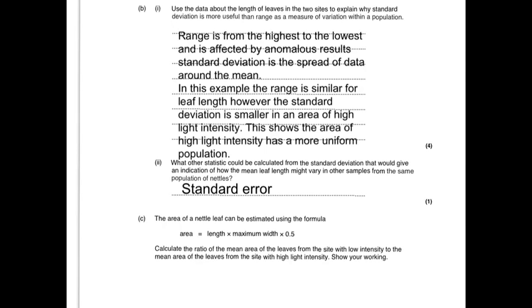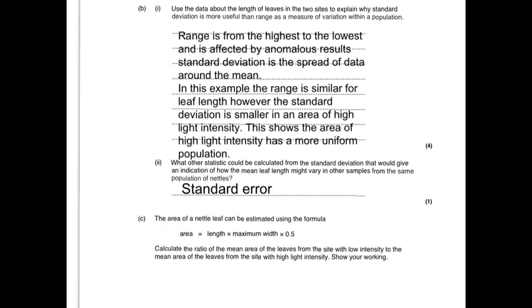The next question is informing you the area of a nettle leaf can be estimated using the formula area equals length times maximum width times 0.5. Calculate the ratio of the mean area of the leaves from the site with the low light intensity to the mean area of the leaves from the site with the high light intensity. Show your working.